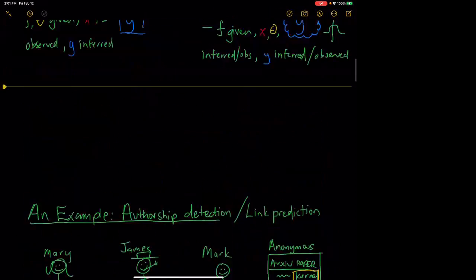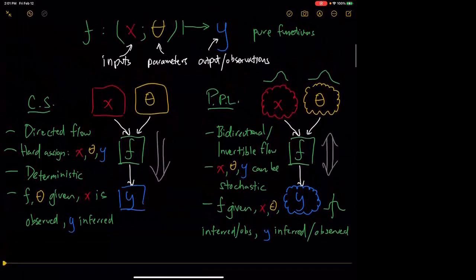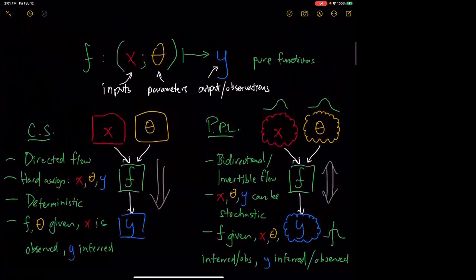And then we talked a little bit in the beginning about bidirectionality and how there's this inverse property. So you can invert some functions if they have this property.